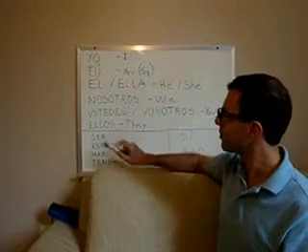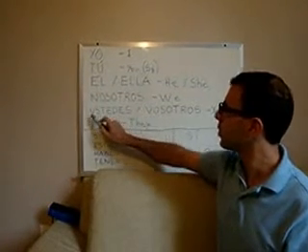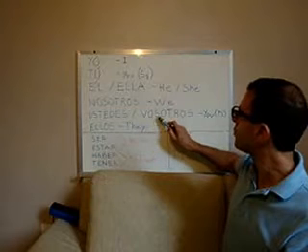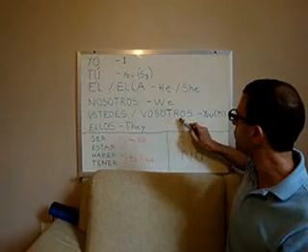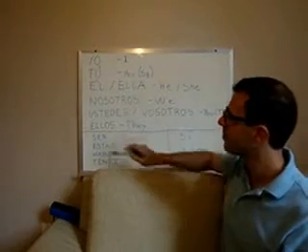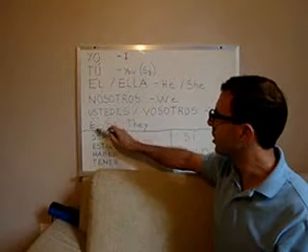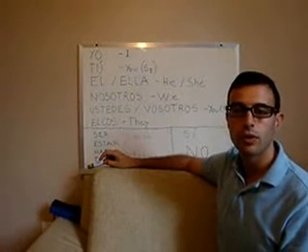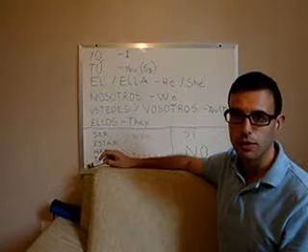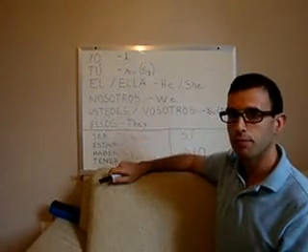Ustedes. Vosotros. Ellos, right? Again, we have double L, that is one sound and one character in the Spanish alphabet. Ellos.